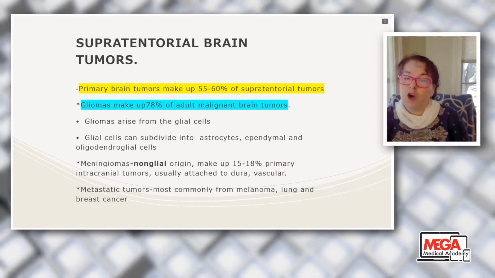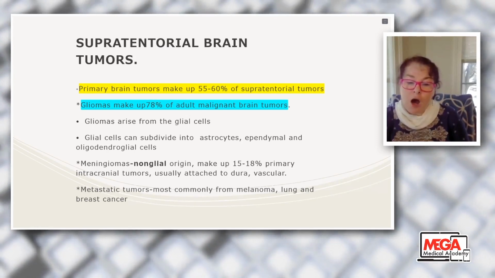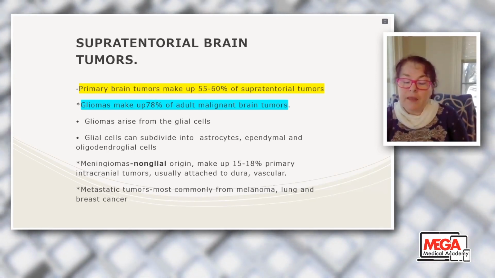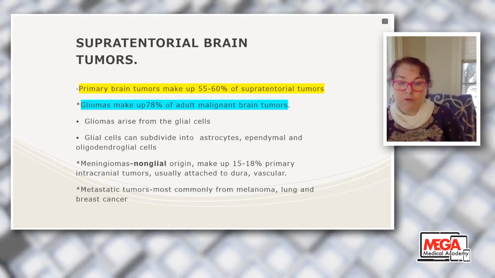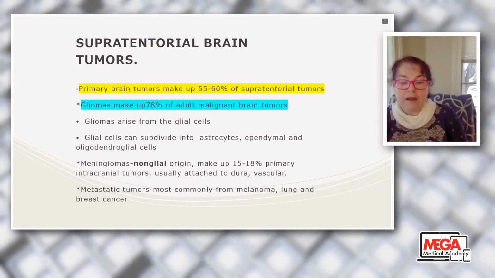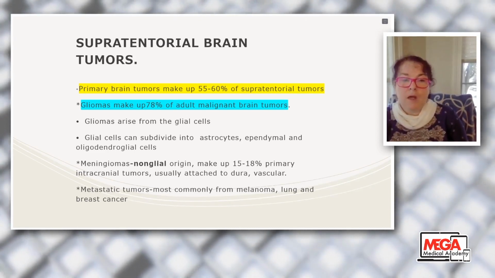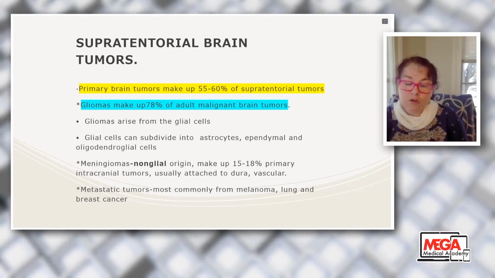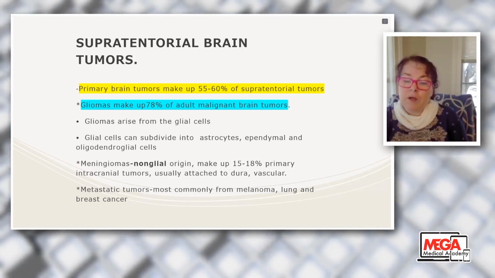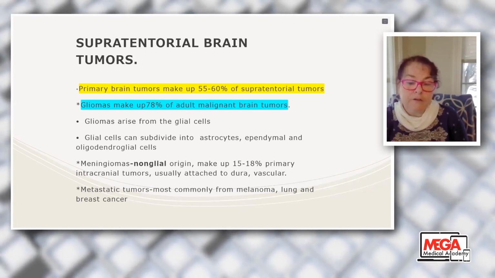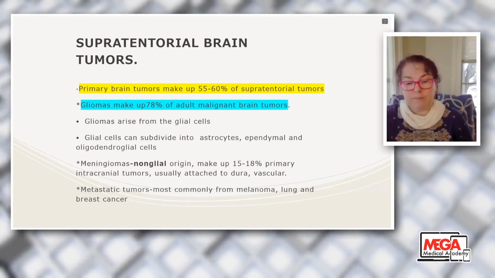There are also meningiomas that can occur in the supratentorial area. These are of non-glial origin, and they make up about 15 to 18% of primary intracranial tumors. They're usually attached to the dura, and they're usually vascular tumors. There are also metastatic tumors that occur in the brain. Most commonly, these will be from melanoma, lung cancer, and breast cancer, although other types can occur also.